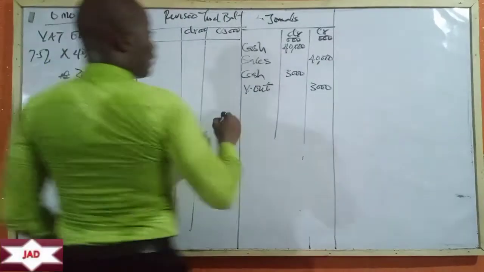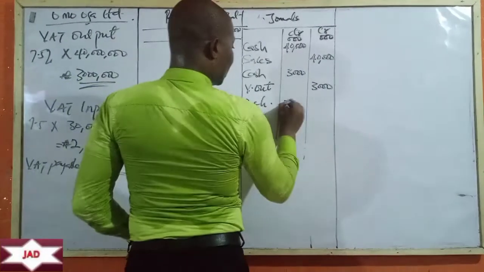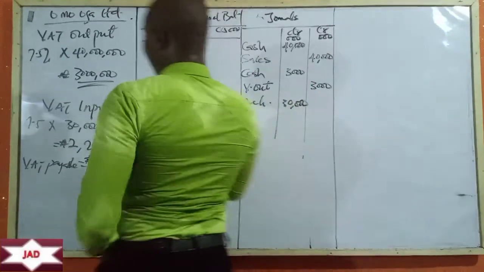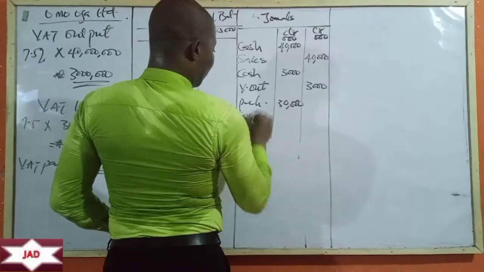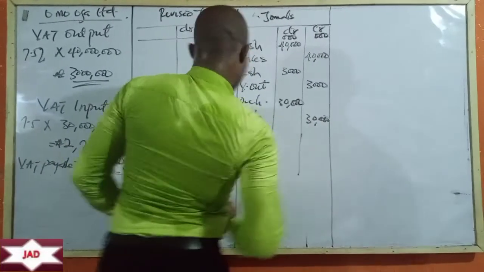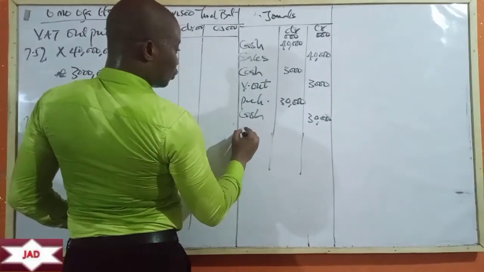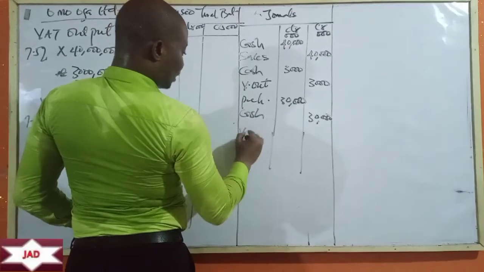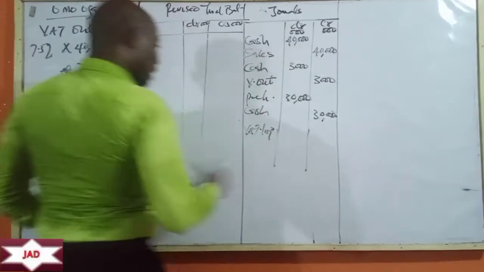And then the next one, we have purchases. What did we purchase? Purchases is 30 million. And then you're going to pay for the purchases too, that's 30 million, right? So what's the next one? You're going to pay VAT, which is VAT input or VAT asset, depending on what you call it.